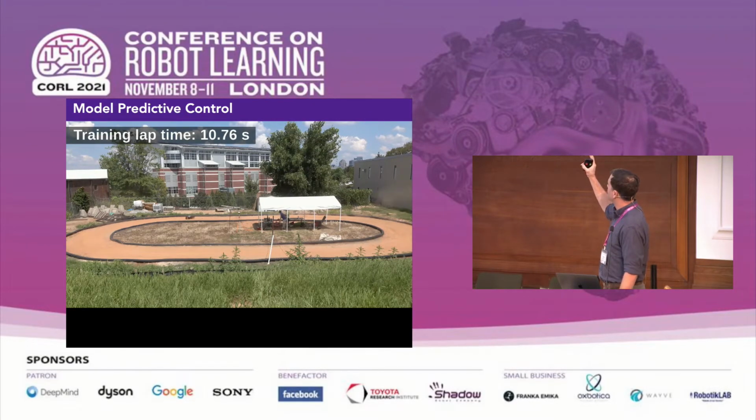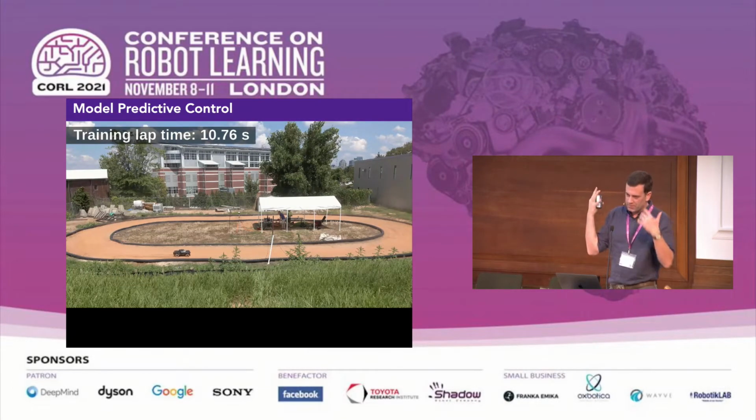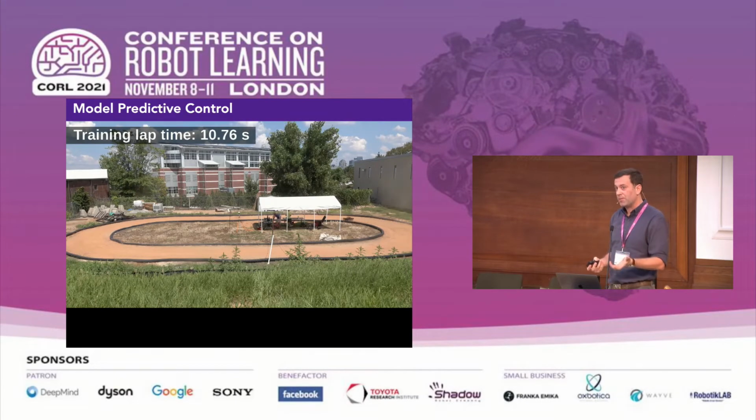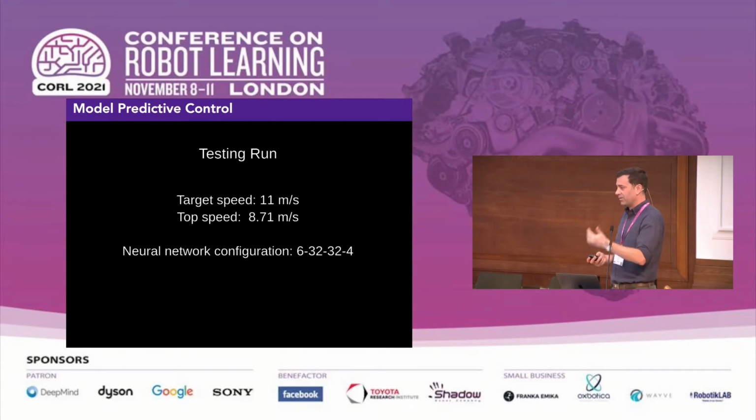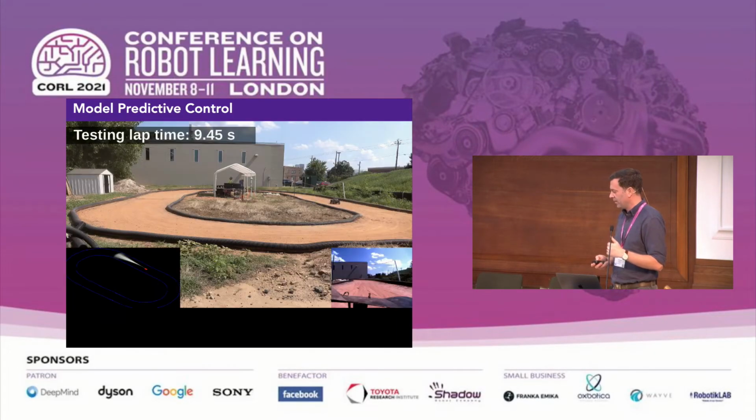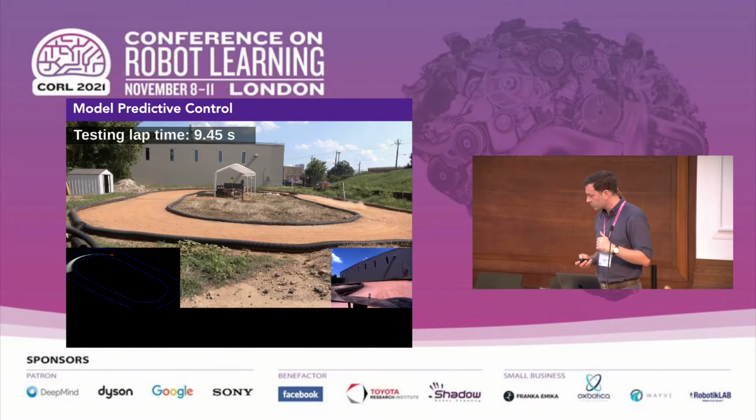Here you can see the car collecting the teleoperated data. We fit the first model, we hand the model to MPC, we run it, collect more data, train the model again, and then we do this over and over again, incrementally adjusting the objective to make it harder and harder for the robot, and it gets faster and faster at every iteration.